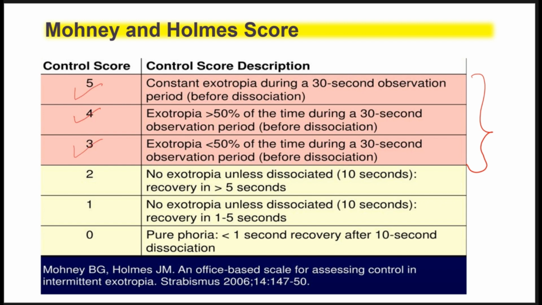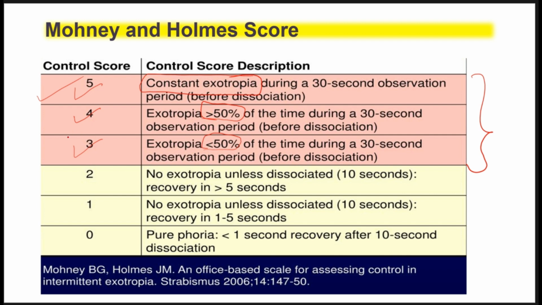What I mean to say is the patient is observed for 30 seconds, and if the exotropia is constantly present during that period, then a score of 5 is given. If the exotropia is present more than 50% of the time during that 30-second period, then a score of 4 is given. If the exotropia is present for less than 50% of the 30 seconds, then a score of 3 is given.